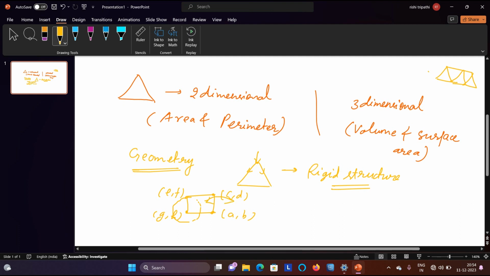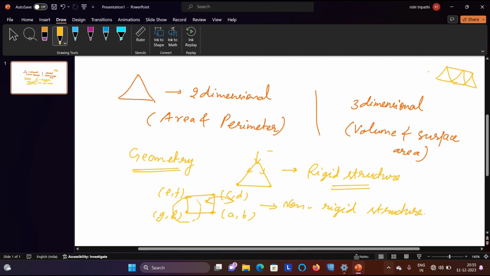But here there are only three links, and if you move any point, the other points will not move. So the triangle is a rigid structure, and the quadrilateral is a non-rigid structure. So that was the introduction to the geometry part of triangles.